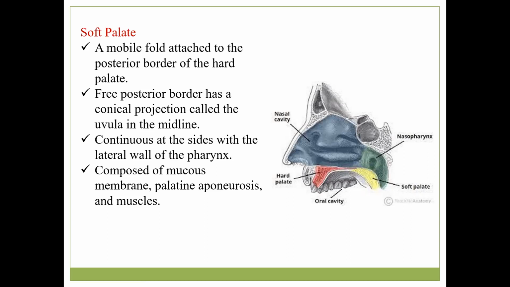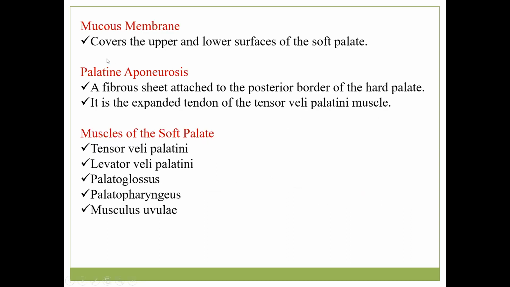And it has mucous membrane, palatine aponeurosis and the muscle. So this mucous membrane covers the upper and lower surface of the soft palate. And the palatine aponeurosis is a fibrous sheet attached to the posterior border of the hard palate.